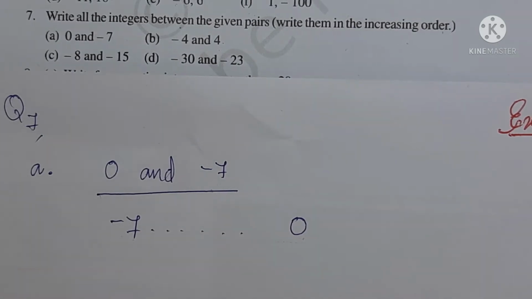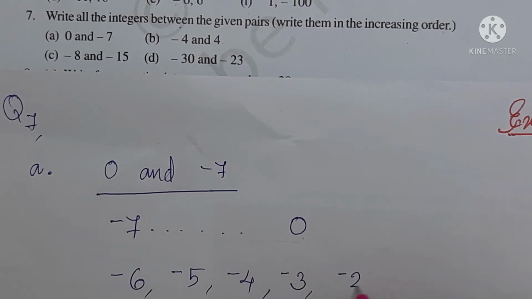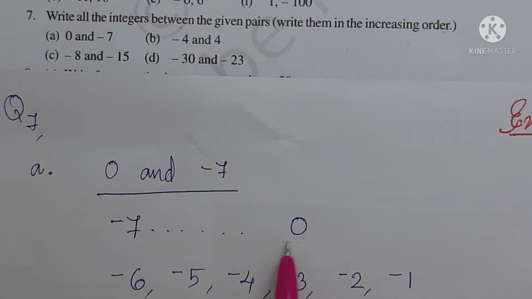The answer will be minus 6, minus 5, minus 4, minus 3, minus 2, minus 1. These are the integers between minus 7 and 0.